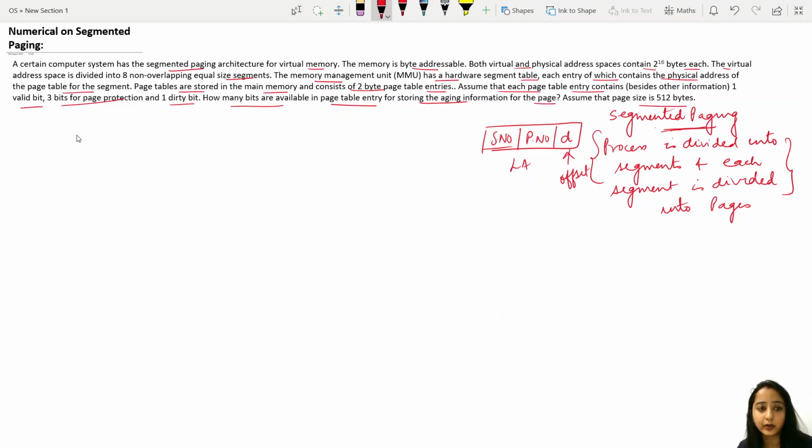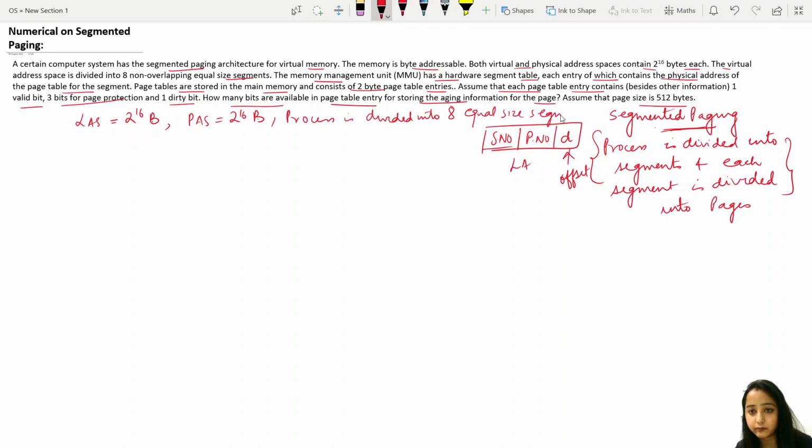So let me write whatever it is given. Logical address space is given 2 raised to power 16 bytes. What else is given? Physical address space is given 2 raised to power 16 bytes. And the process is divided into 8 equal size segments, right?